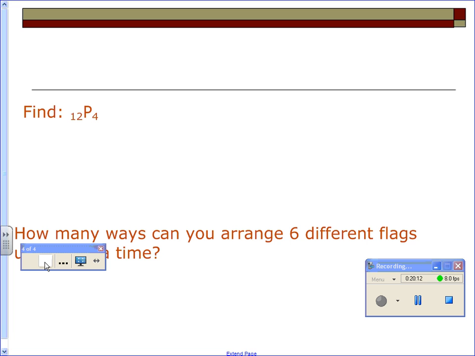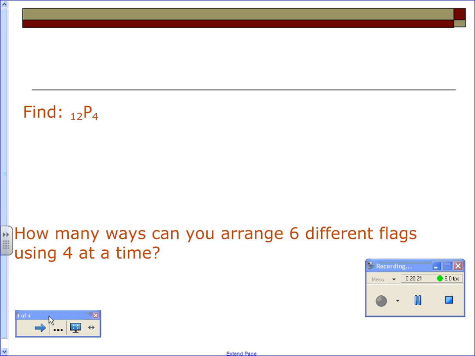So find 12P4. What do y'all get? Do you agree?